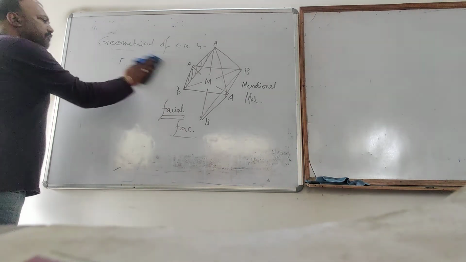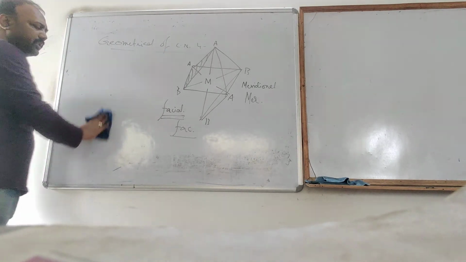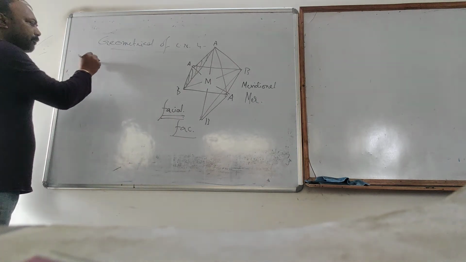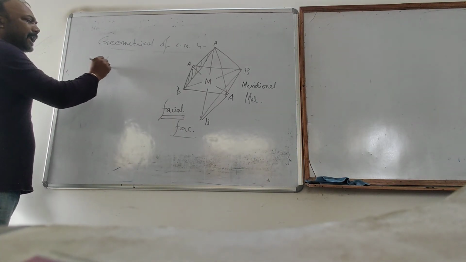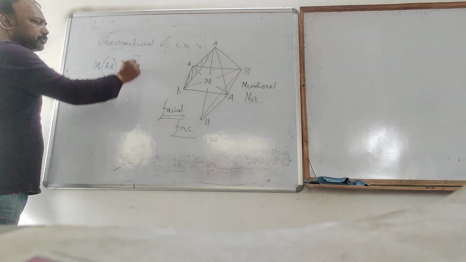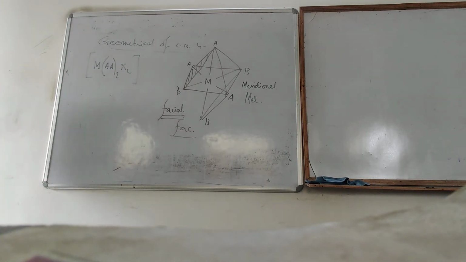What is that? M(AA)2X2. Now what is AA? Please understand it. It is octahedral, coordination number 6.